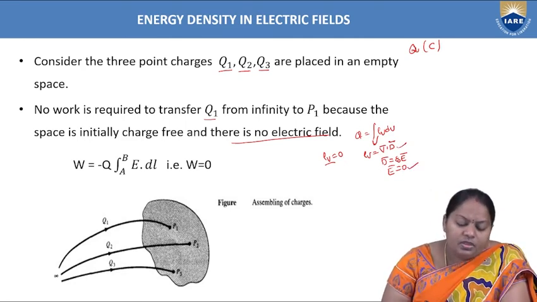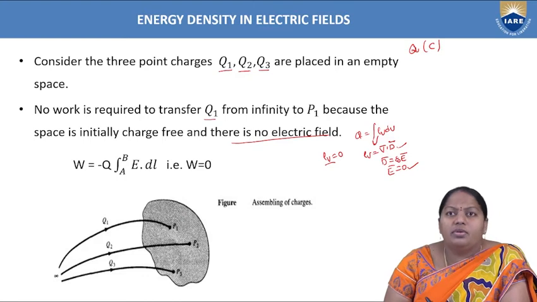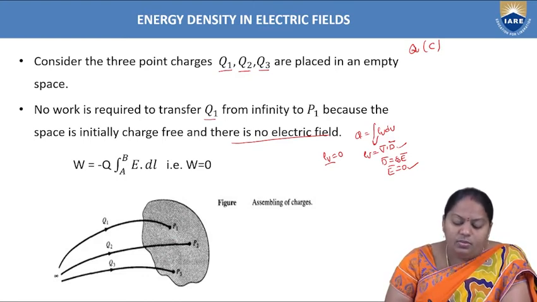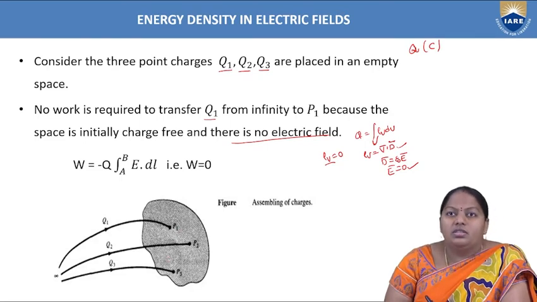So that's why, in order to place this charge Q1 from infinity to P1, no work is required, because initially the shaded region is charge free region. Because of that, there won't exist an electric field, right?